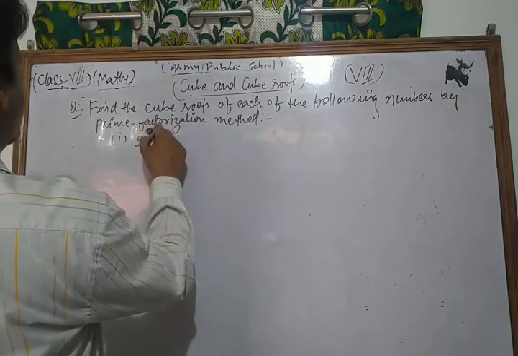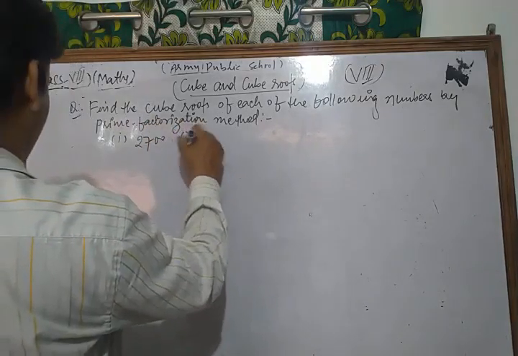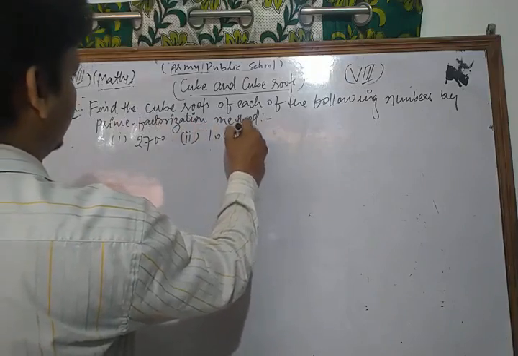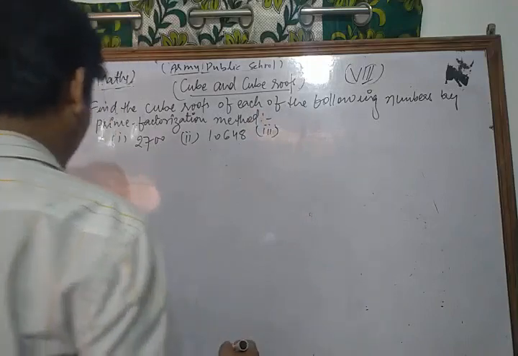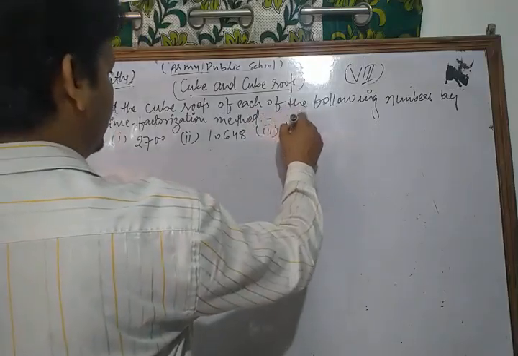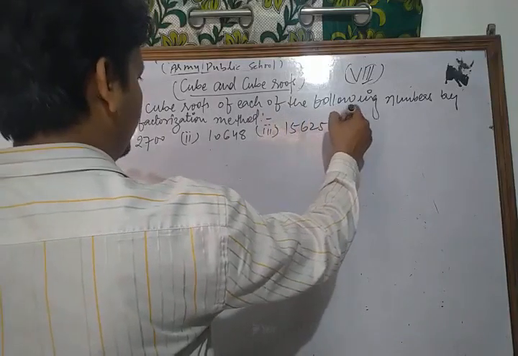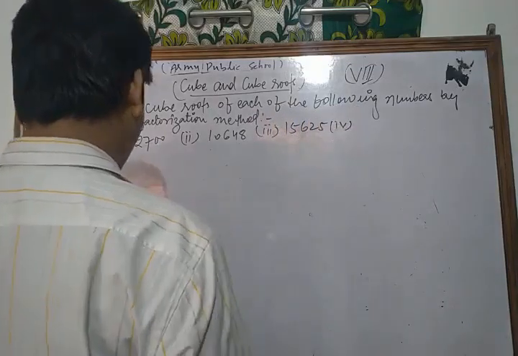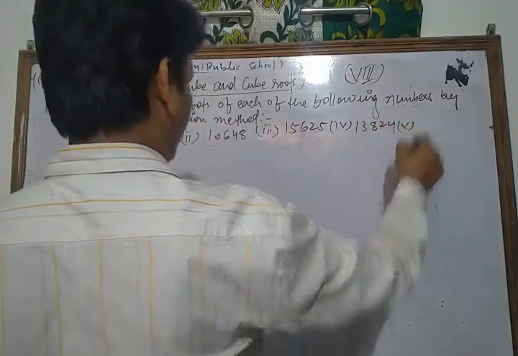The first part of this question is 2700. Second, 10,648. This is your NCERT question, which is very important. Third one, 15625. Fourth one, 13824.